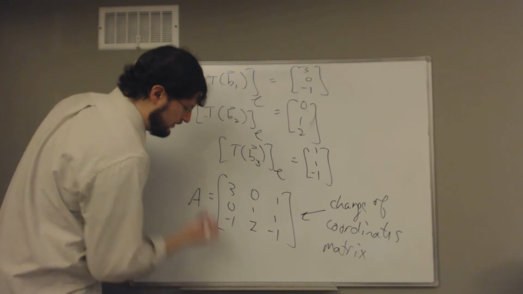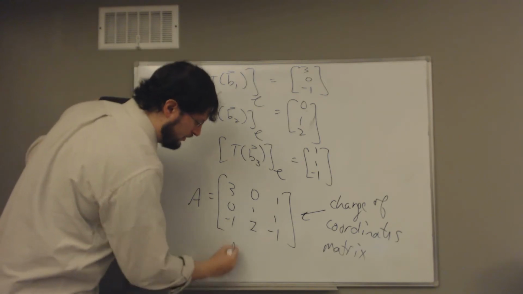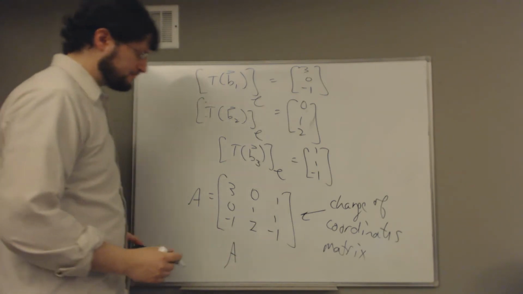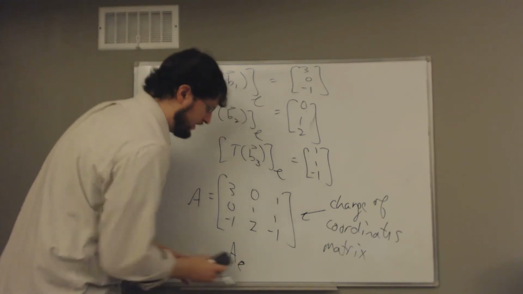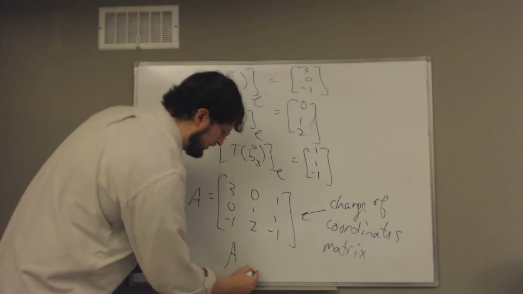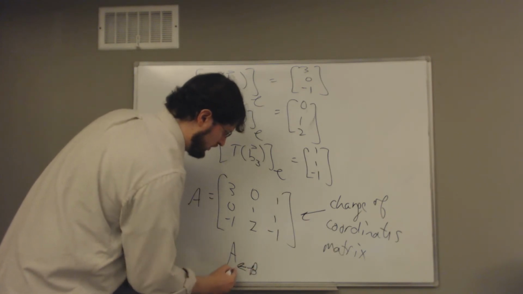So this is really the matrix A, which converts the basis B to our basis C. So remember what we actually looked at.